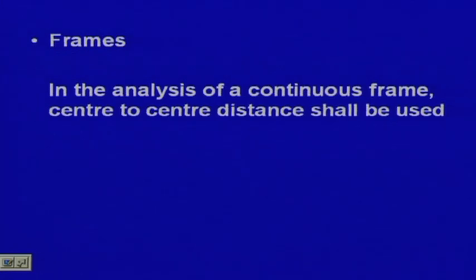In the analysis of a continuous frame, center to center distance shall be used. So, we shall not go into effective depth or anything. When we do the analysis for frames, multi-story frames for seismic analysis, dead load, live load, different load cases we have to take, and accordingly we have to solve it. In that case, we shall take the effective span simply as the center to center distance.